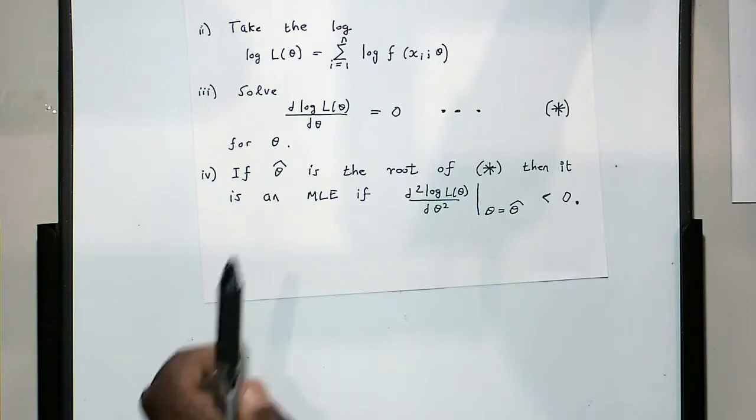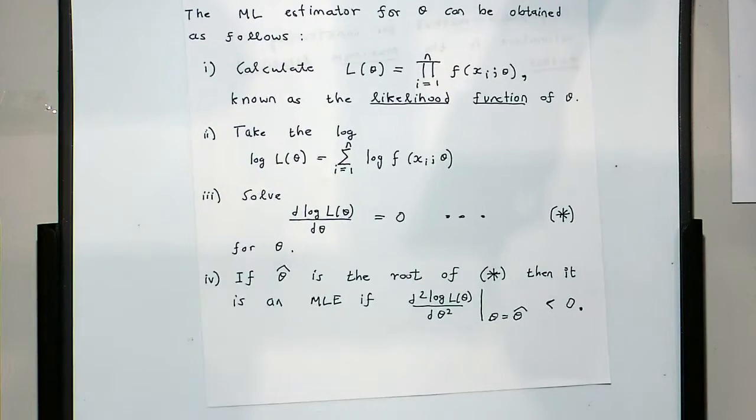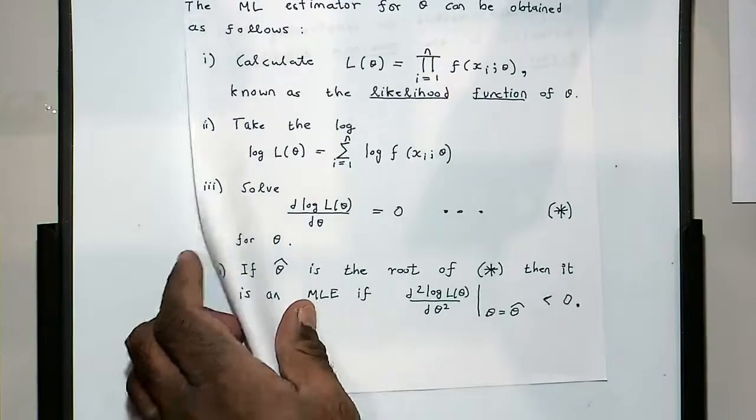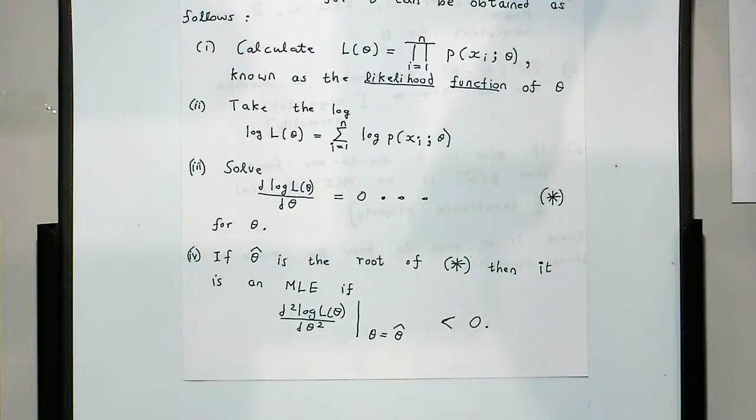This is the procedure for data from a continuous distribution. For discrete data, the only difference is that in place of F, which denotes the PDF, you use P, which denotes the PMF, or the probability mass function, right?